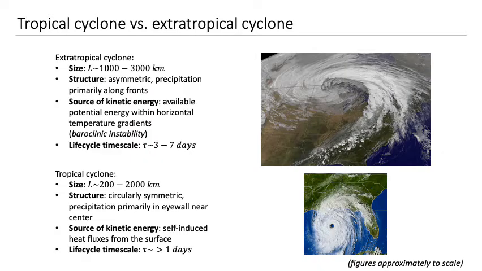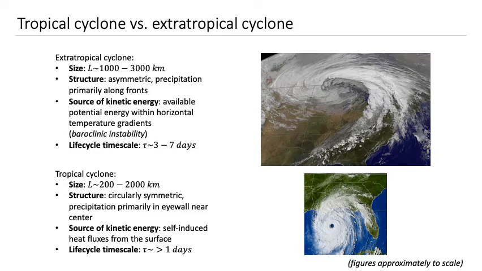Okay, so as an overview of tropical cyclones, I think it's nice to compare them to extratropical cyclones, which we've already talked about, and which we think about much more on a day-to-day basis here. Pictures of each are shown on the right, and they're made to be approximately to scale. Extratropical cyclones are relatively large, with a diameter of something like 1,000 to 3,000 kilometers across.